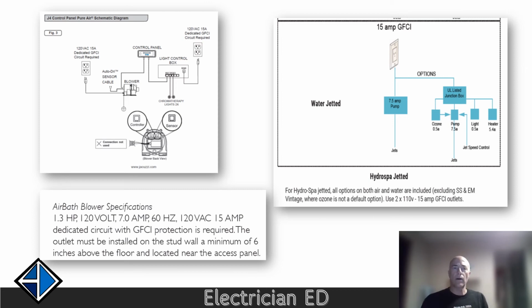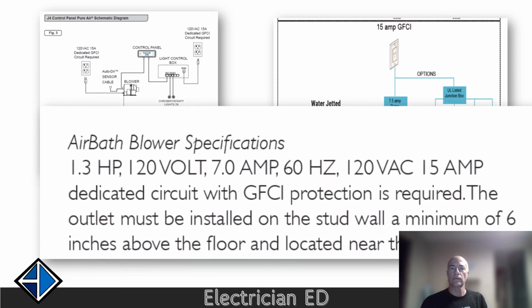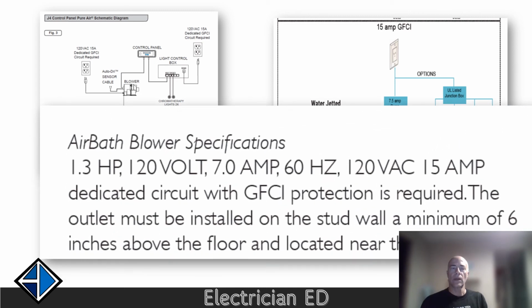Next up, here's the typical nameplate and manufacturer's installation instructions information for a hydro massage tub. This is just for the air bath blower, and they want it to have its own dedicated circuit with GFCI protection.